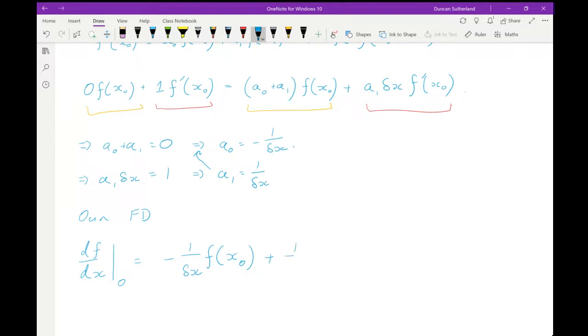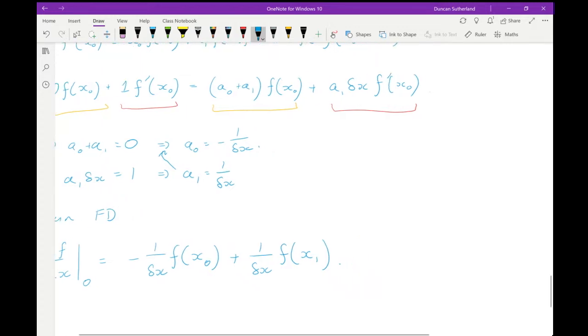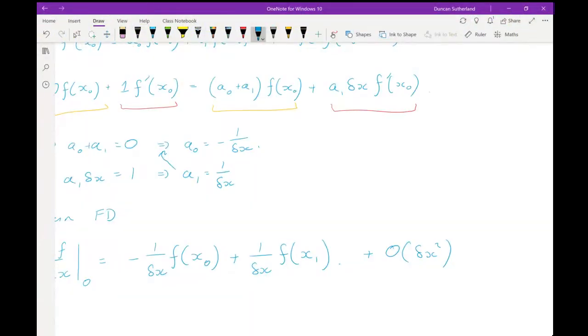Plus 1 on delta x f of x1. Right, and again, that's a first order method because we neglect, it's first order accurate because we neglected things that looked like delta x squared in our Taylor series approximation.